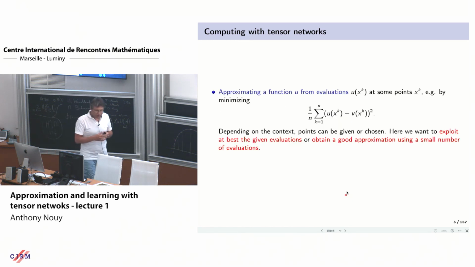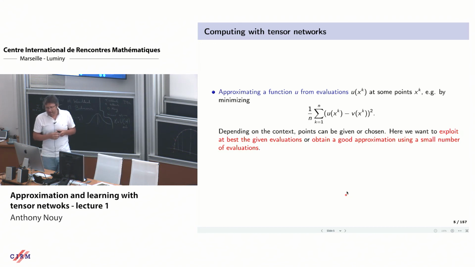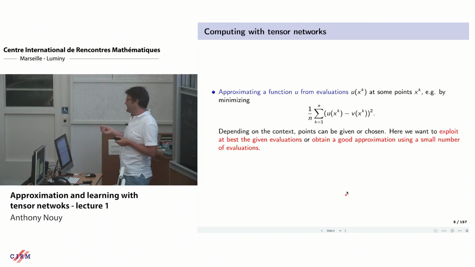Okay, another topic that I will address more at the end of this course today is the approximation of a function u from evaluation of this function. So this is clearly a follow-up of the course of Albert.